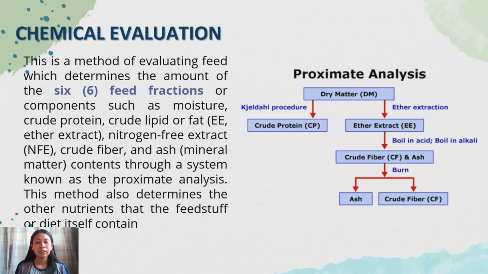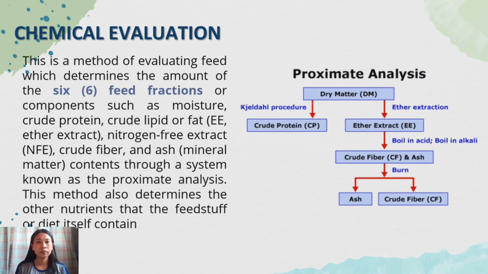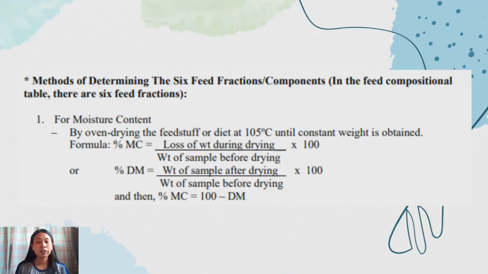This method also determines the other nutrients that the feedstock or diet itself contains. For moisture content, we oven dry the feedstock or diet at 105 degrees Celsius until constant weight is obtained.